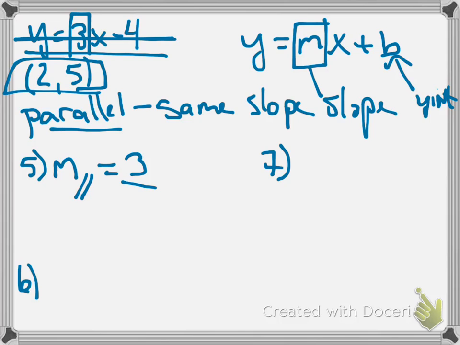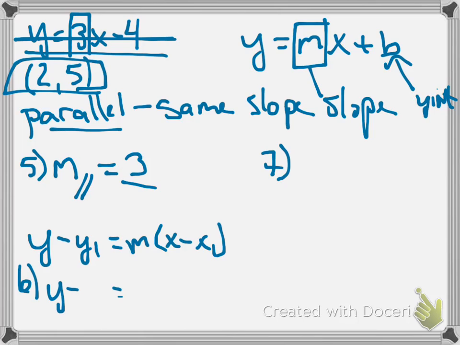On the next one, they say write it in point slope form, which is this format: y minus y1 equals m parentheses x minus x1. So you go like y minus blank equals blank x minus blank. Y with y, so 5, y with y, x with x, slope in the middle.